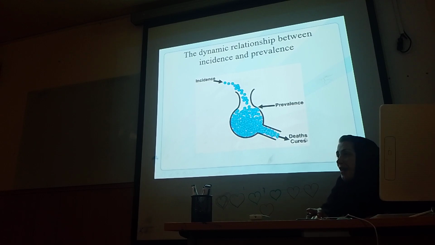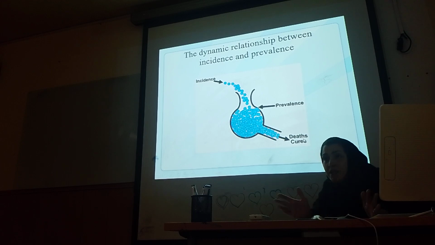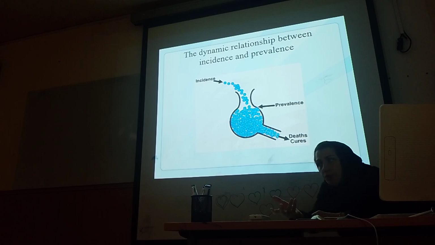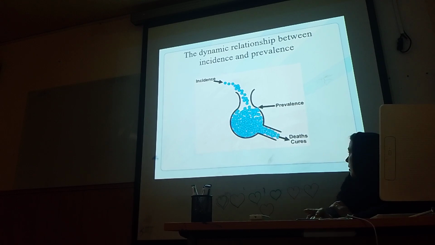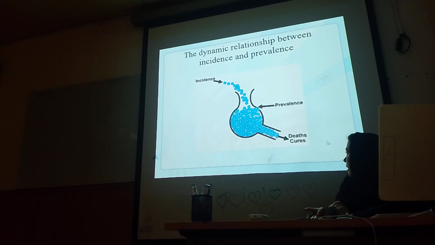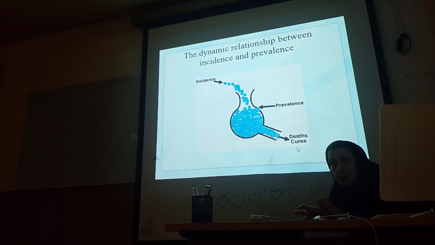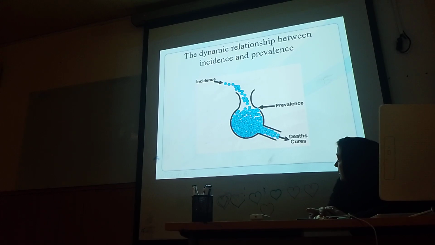These two have totally different meanings in the individual aspect. But for a community, both of them are the same. Why? Because the number of patients would be decreased by death and by cure. Yes? Got it. But by incidence, the number would be increased.